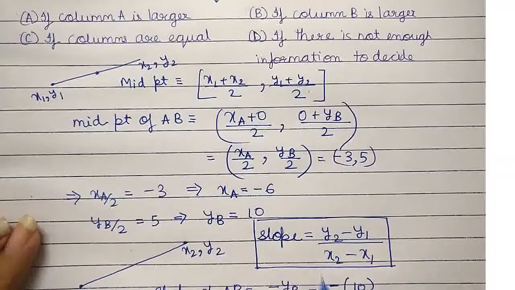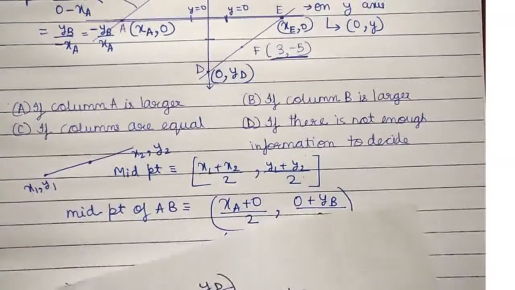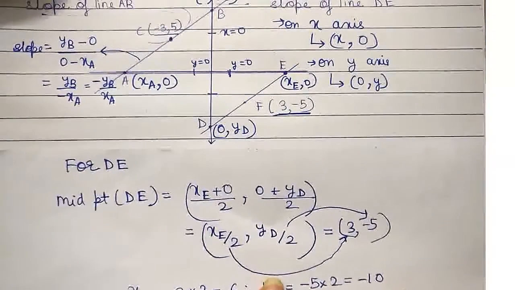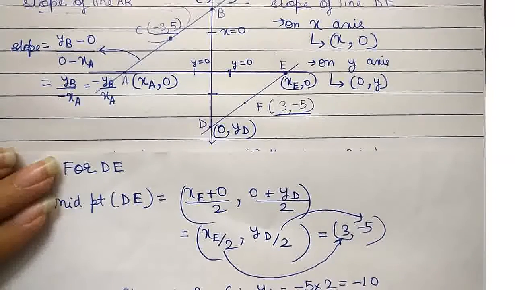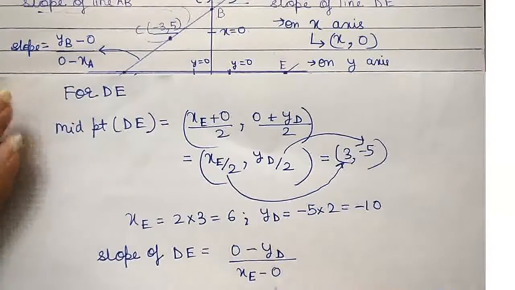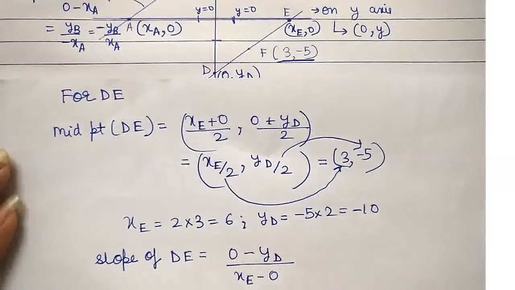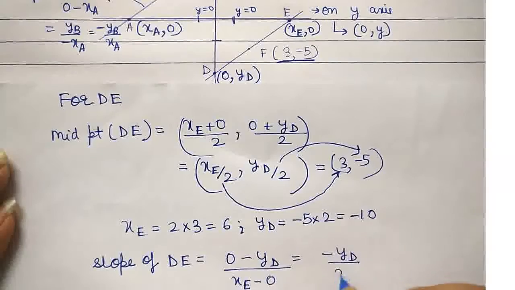So using this to find the slope of DE, we see that the slope of DE equals 0 minus yd divided by xe minus 0, which upon calculation would give us minus yd by xe.